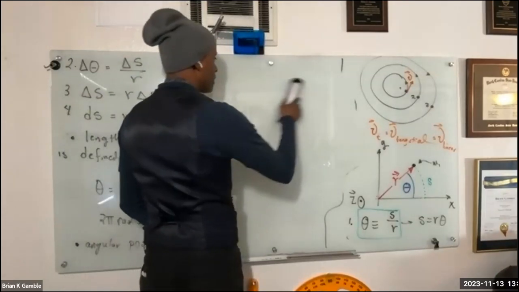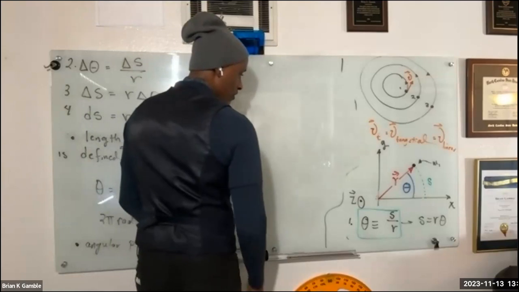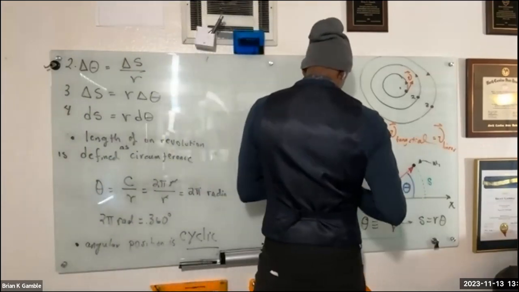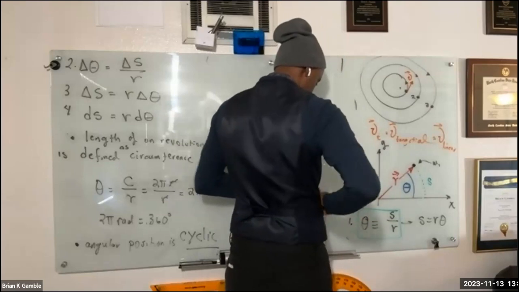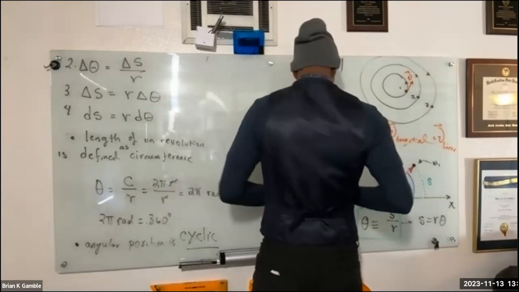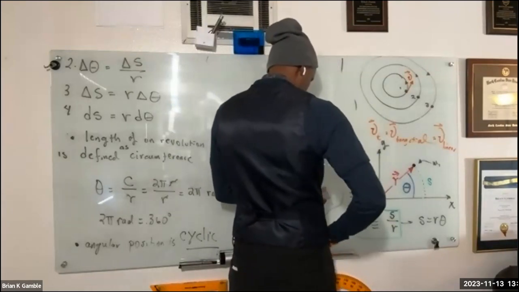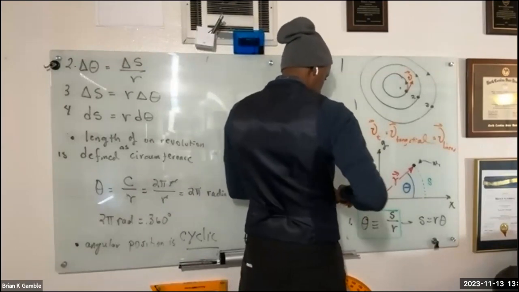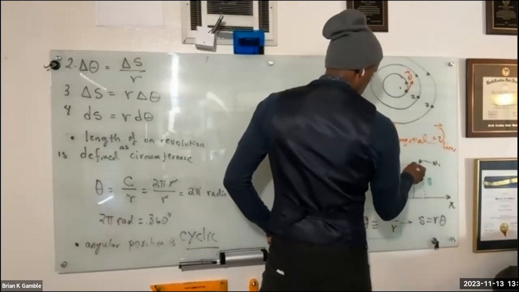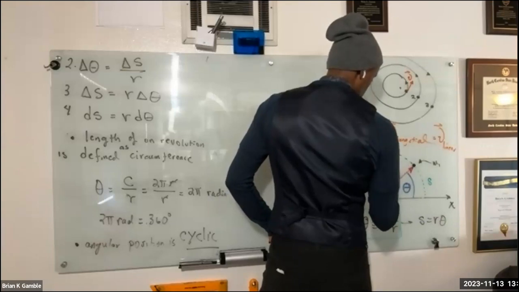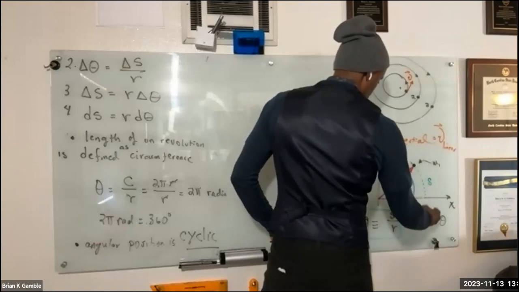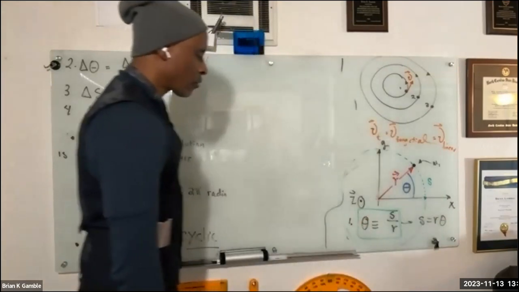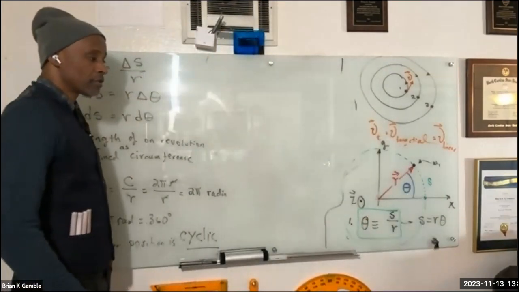So if I started at the origin and went around 2 pi radians, which we just showed is the angular displacement for one revolution, then when I'm at the end of that, I'm going to be at the same physical position I was when I started relative to the origin.